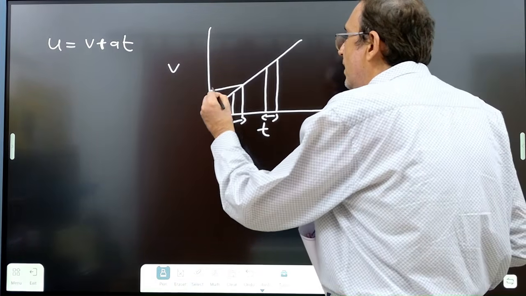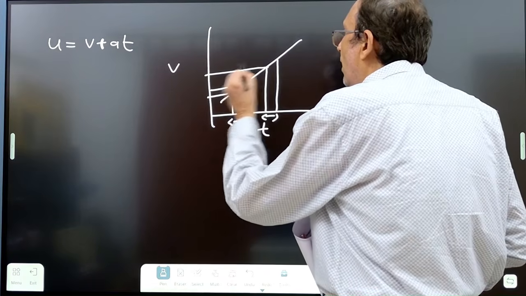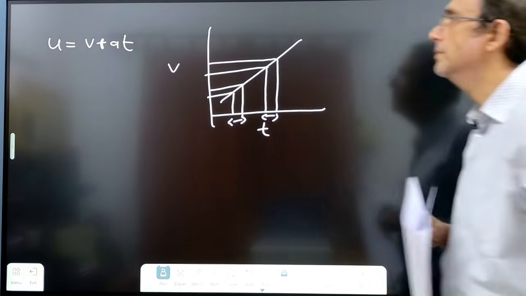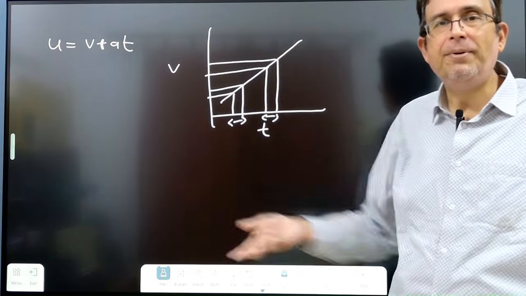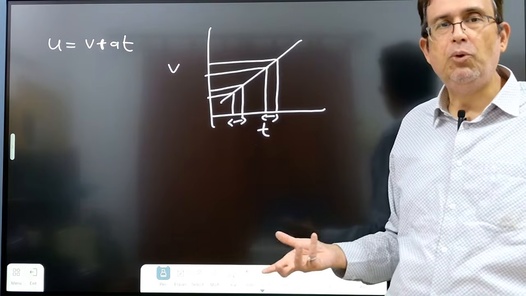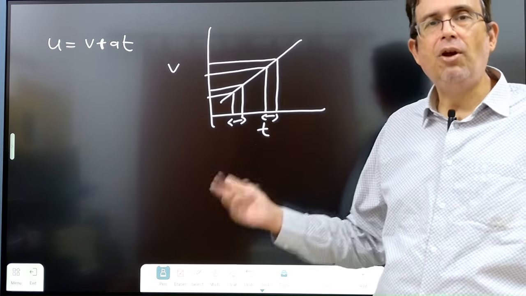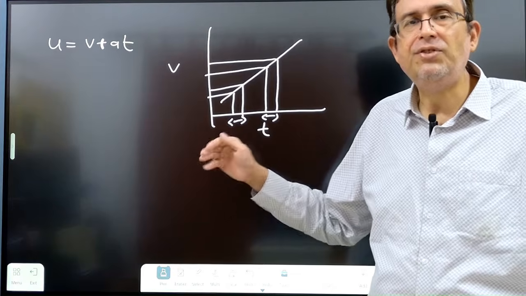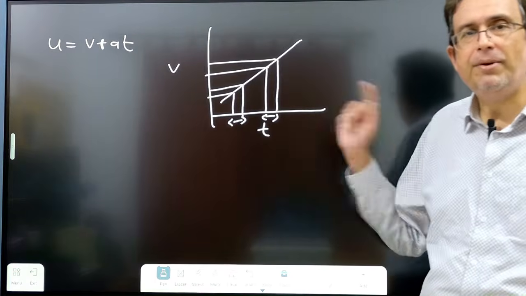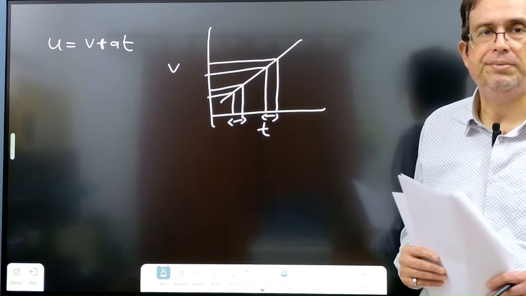In both the cases, the change in the velocity is the same. So that means a straight line is representing a uniformly accelerated motion in which the rate of change of velocity is constant. So it's a straight line which tells you that the rate of change of velocity is constant. So it represents a uniformly accelerated motion.